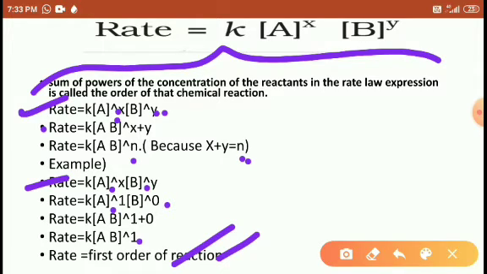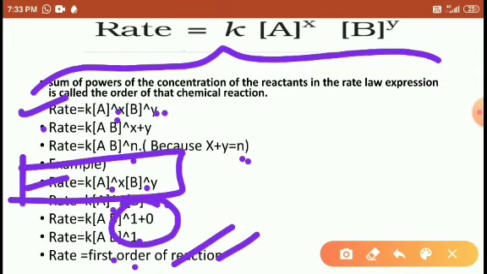This we call a first order reaction. Right, students? So the sum of the powers of concentration of the reactants in the rate law expression is the order.